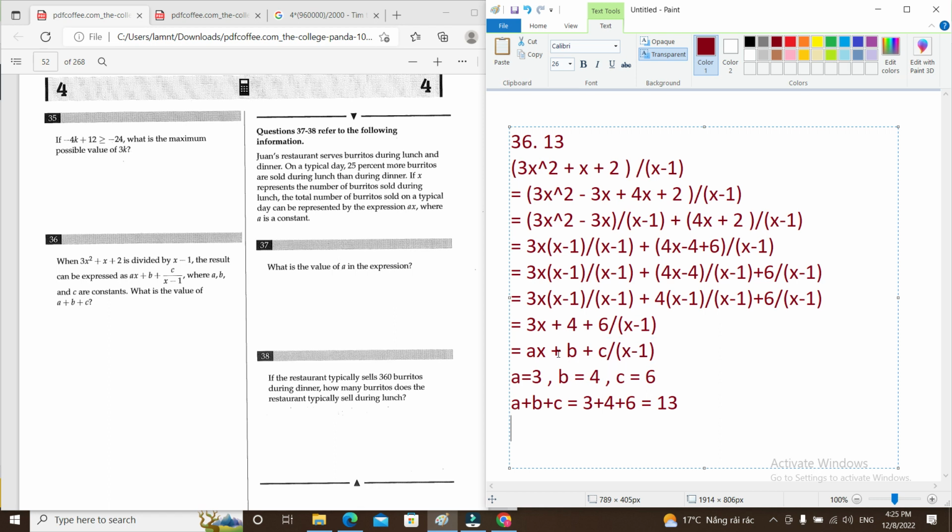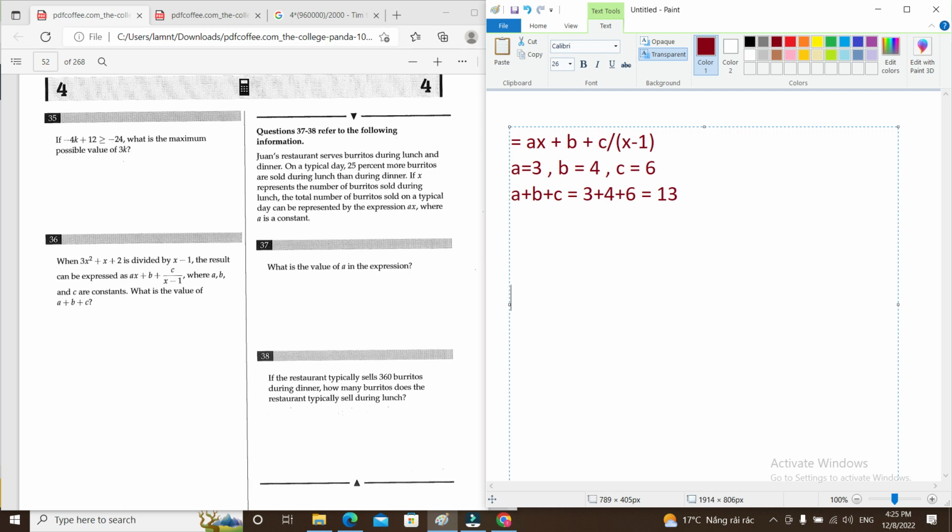Alright, that's quite good. Let's finish it with 37 and 38. 37. One restaurant serves burritos during lunch and dinner. On a typical day, 25% more burritos are sold during lunch than during dinner.